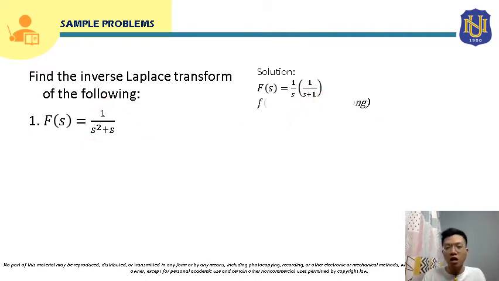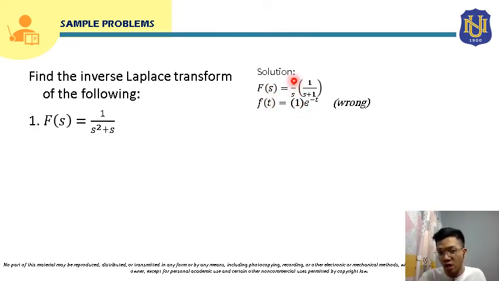So if we already factored out 1 over s from 1 over s squared plus s, this will be the new form of our given. We cannot just solve for the inverse Laplace transform of 1 over s and then multiply it by the inverse Laplace transform of 1 over s plus 1.